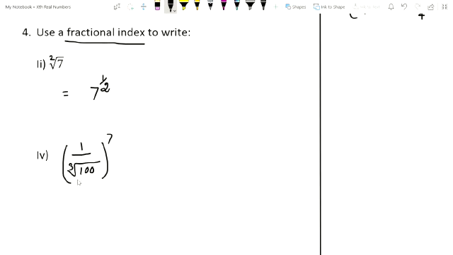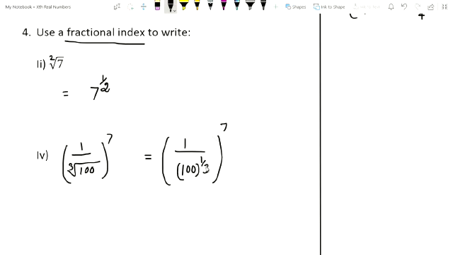And see here, 1 divided by the cubic root of 100, whole power 7. First, 1 divided by the cubic root of 100, how can you write? First, you write in fractional index form: 100 power 1 by 3, whole power 7.